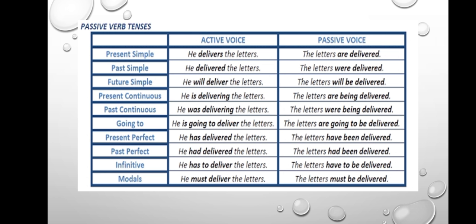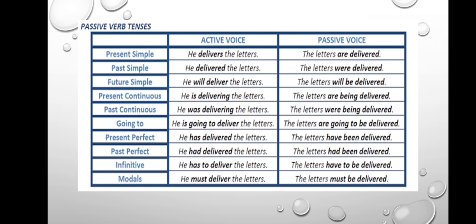He has delivered the letters. So in present perfect tense, what helping verbs are used? Has and have. So here he is the singular subject, that's why has is used.